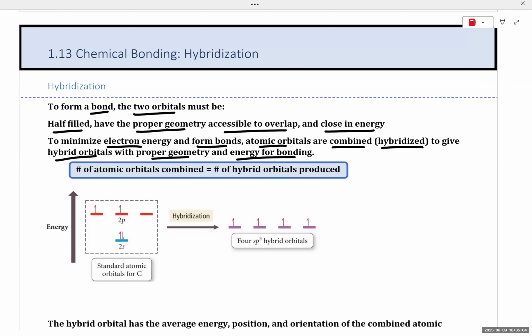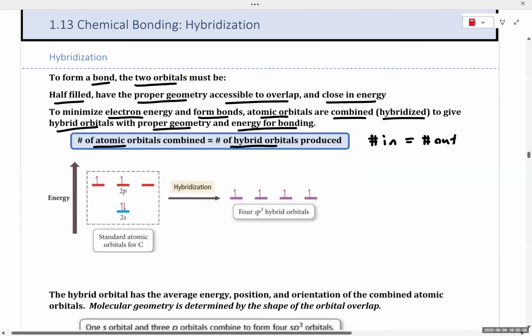As is a common theme, the number of atomic orbitals combined is equal to the number of hybrid orbitals produced. In other words, the number of orbitals you put in, be it for bonding or hybridization, is equal to the number of orbitals you get out. So, what does hybridization look like? Well, look at carbon, for example.